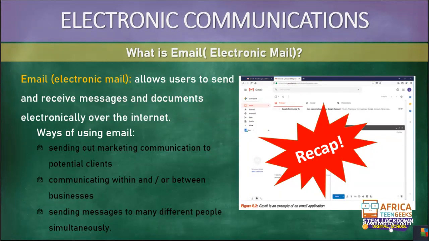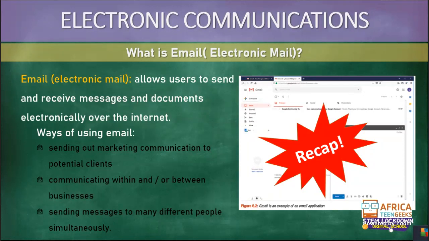Right, then we discussed the different ways of using emails, right? Number 1, we said you can use it for sending out marketing communication to potential clients. This is what various organizations do. And then number 2, communicating within and or between businesses.